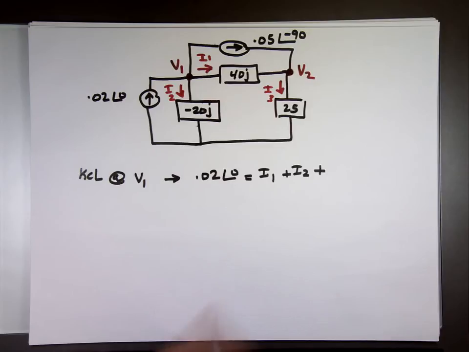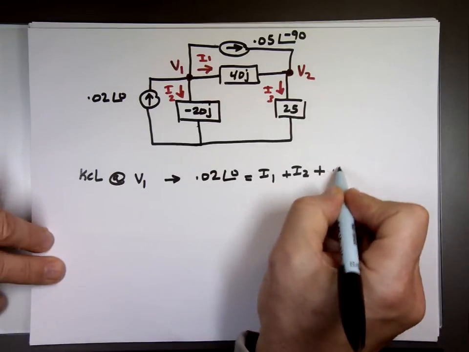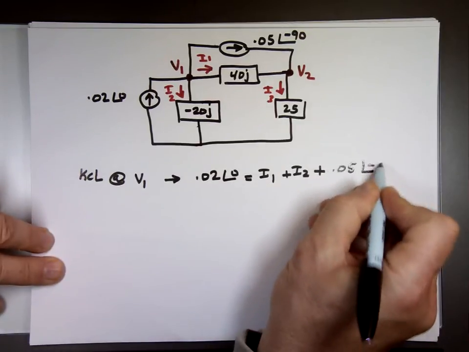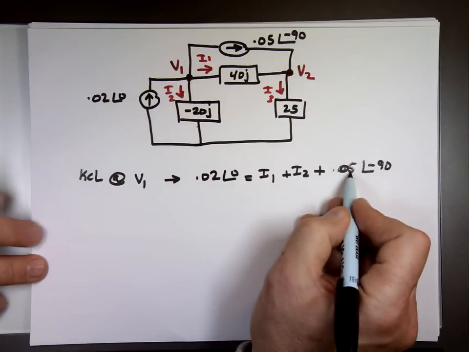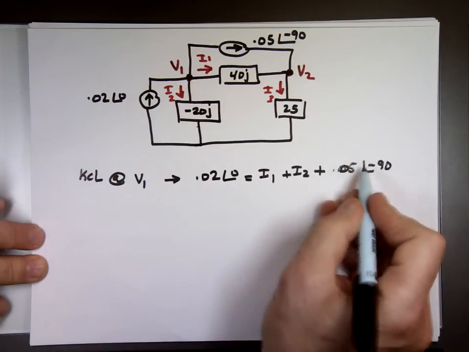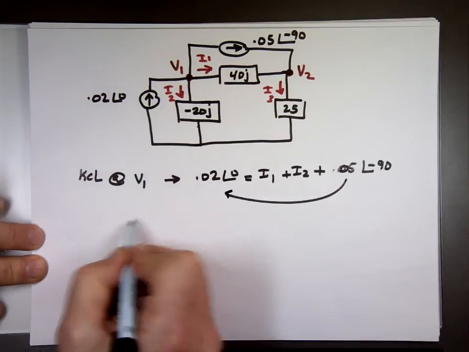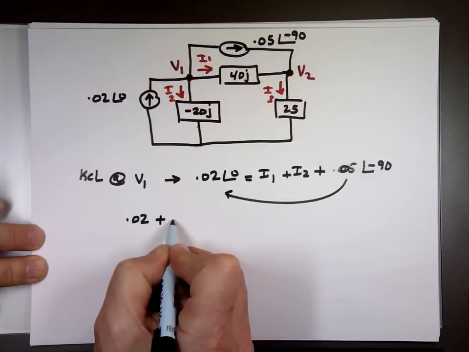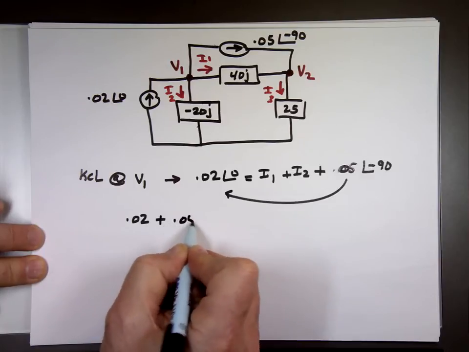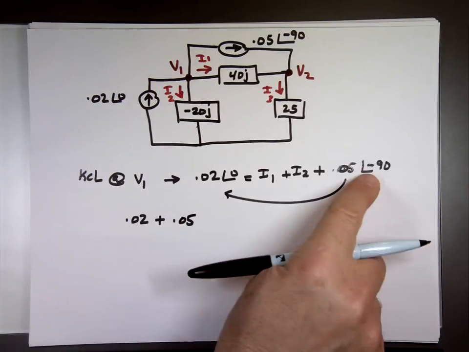So now if I do that, that'll be 0.05 angle negative 90. Again, this is negative 5j. This is 0.02. When I bring this to this side, I have 0.02 plus 0.05, because that's a negative j.